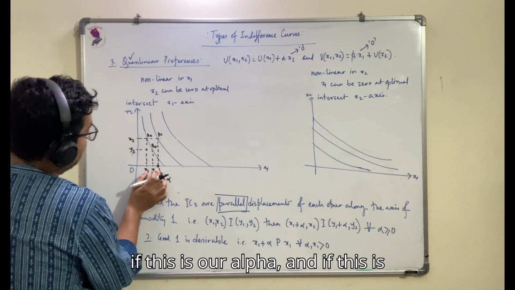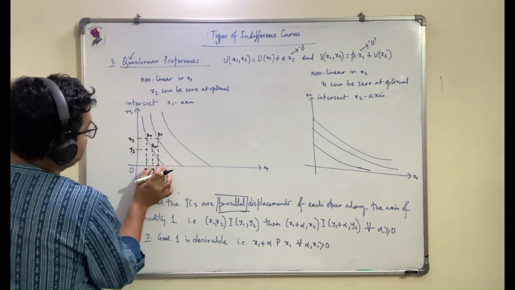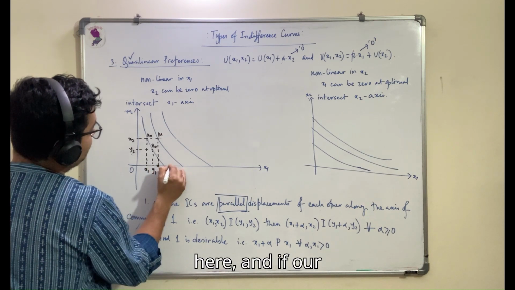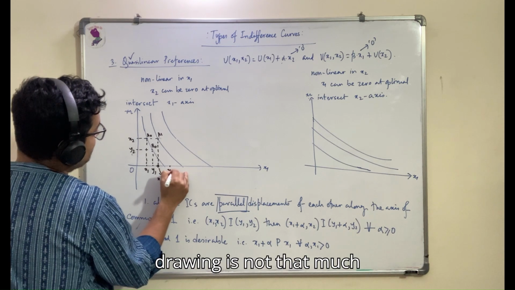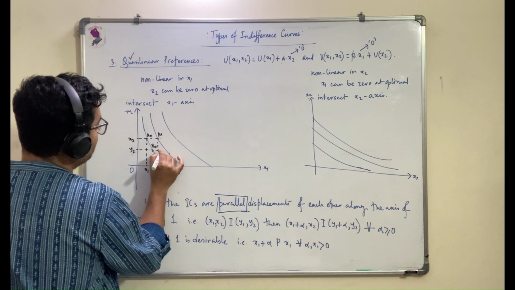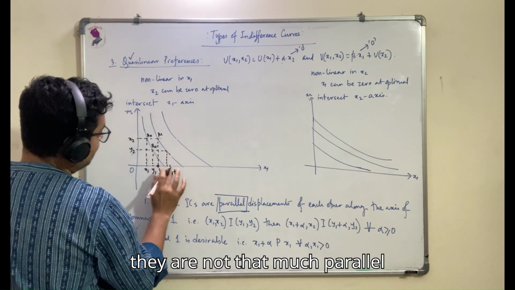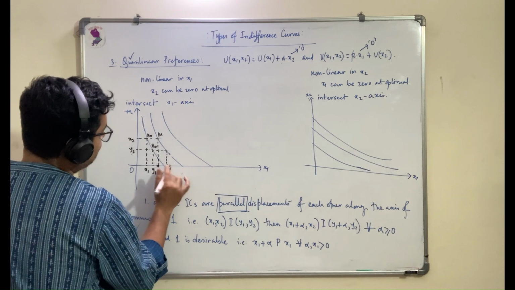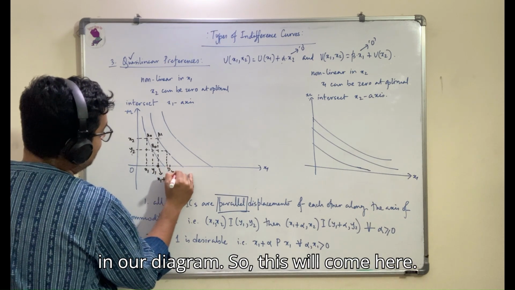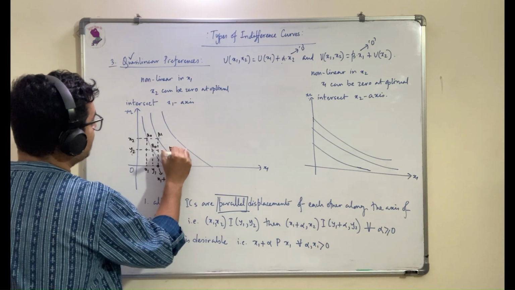Now, if this is our alpha and if this is added to y1 here, and if our drawing is not that much wrong, okay, so they are not that much parallel in our diagram anyway. So this will come here, y1 plus alpha. Okay.